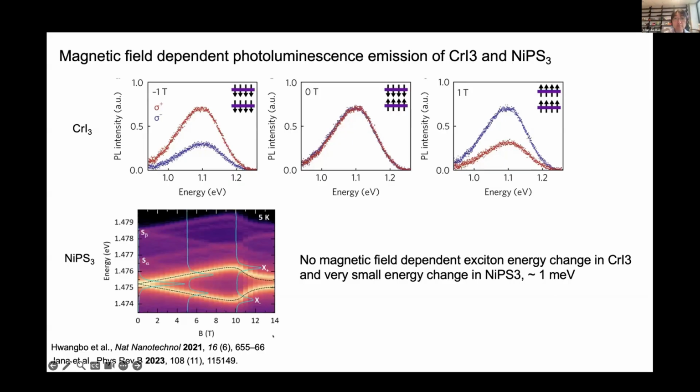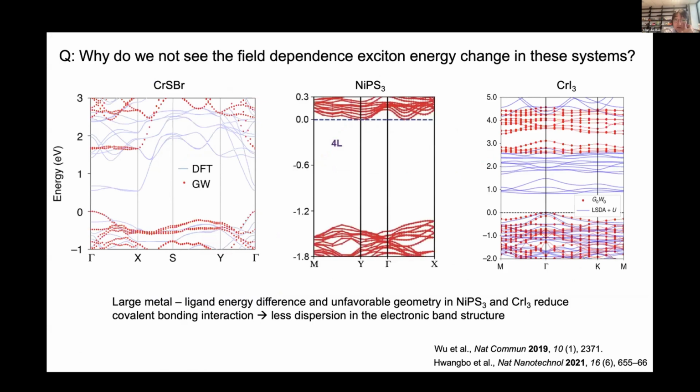The next thing we looked at was the band structures. What we noticed was that their band structure was rather flat. Here you see the energy scale, we're looking at about 2 to 3 eV, but here it's at most about 0.3.